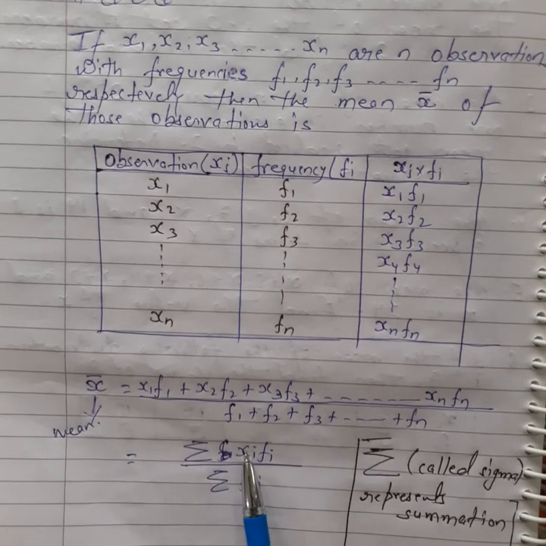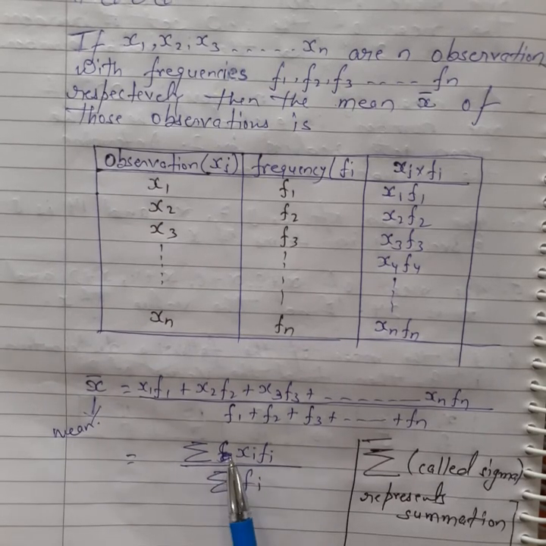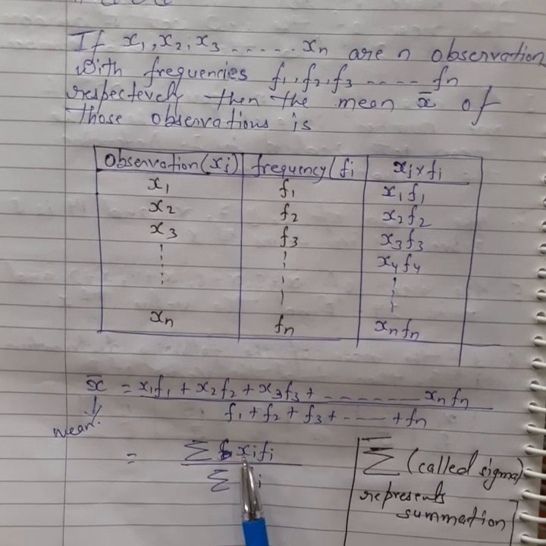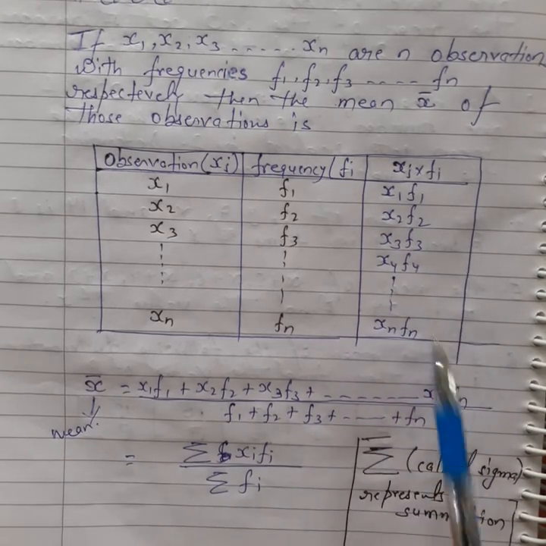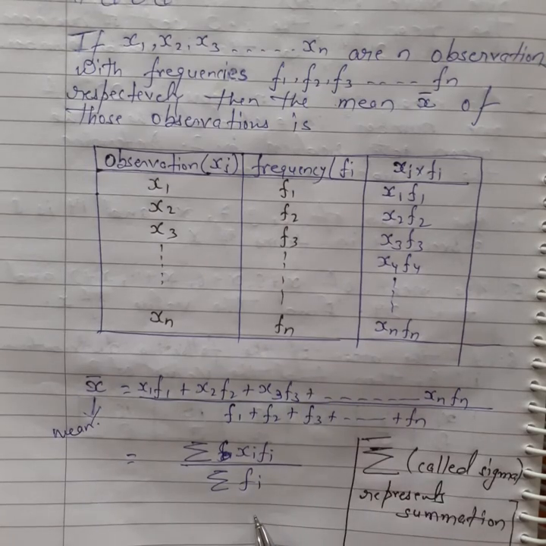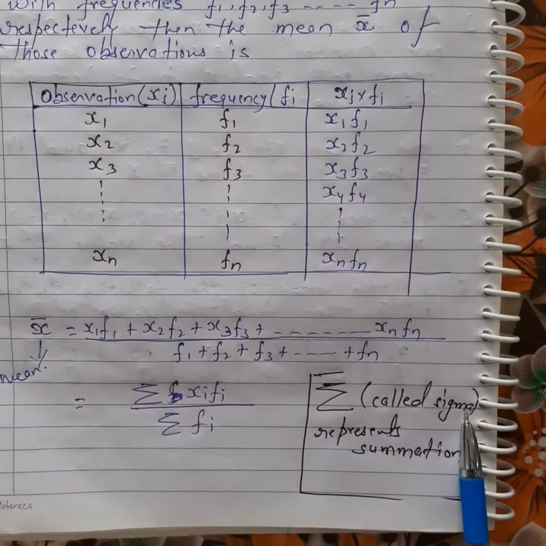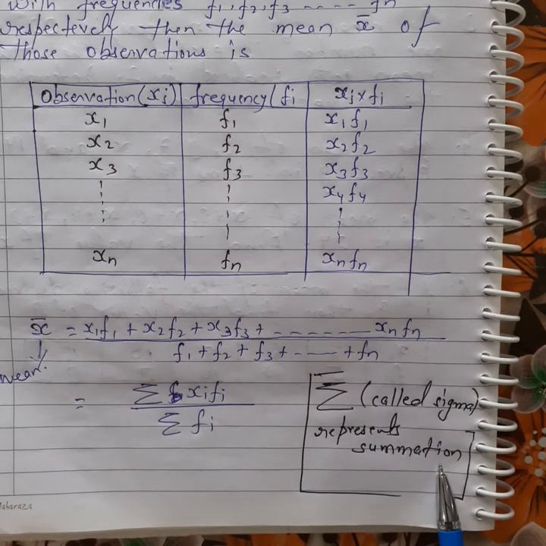So sigma xi fi by sigma fi means the summation of all the xi fi divided by the summation of all the frequencies.